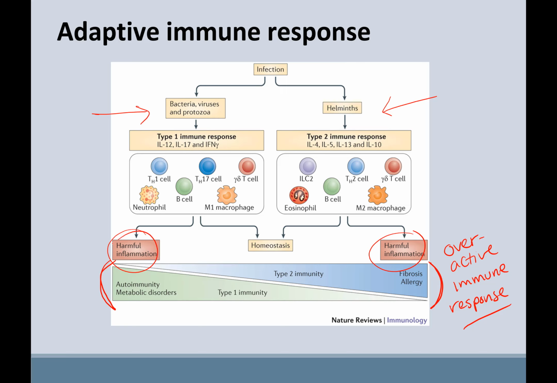right? And so we've talked a bit about using helminths to overcome that hygiene hypothesis, where we're so clean that we haven't got this good immune response to keep things at homeostasis. And so when we're exposed to pathogens or foreign objects later in life, we get this overactive immune response and things like harmful inflammation.